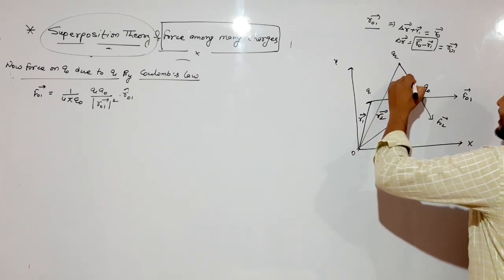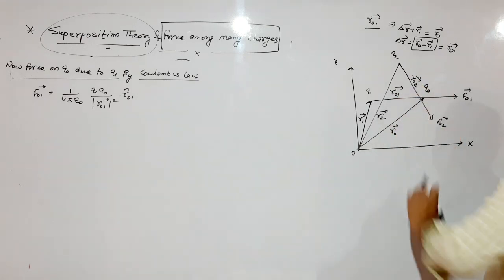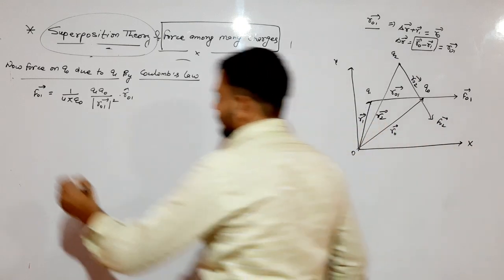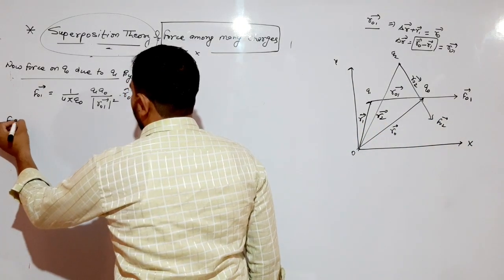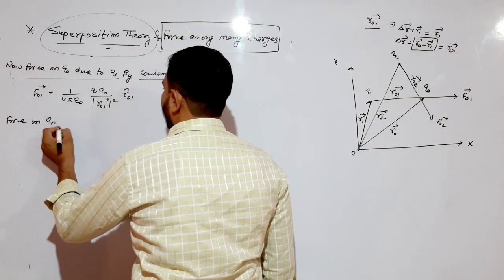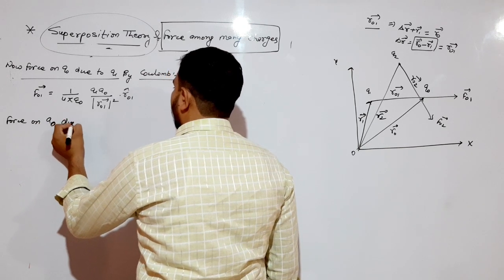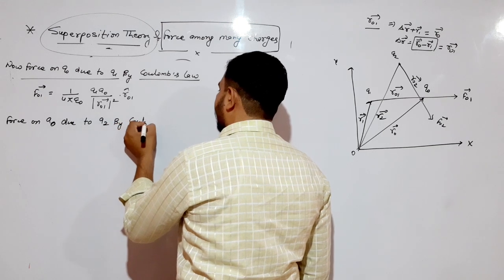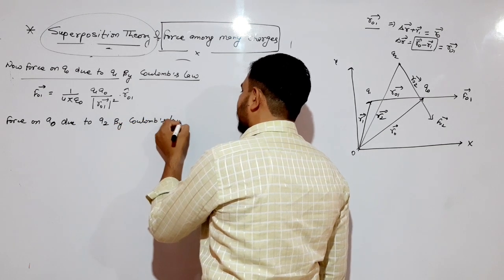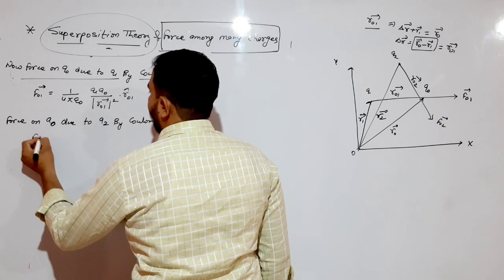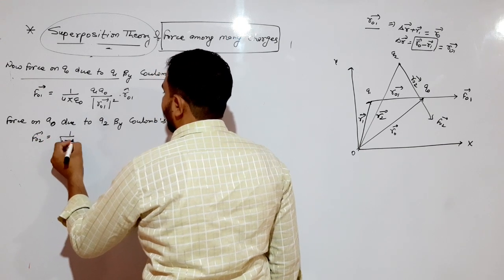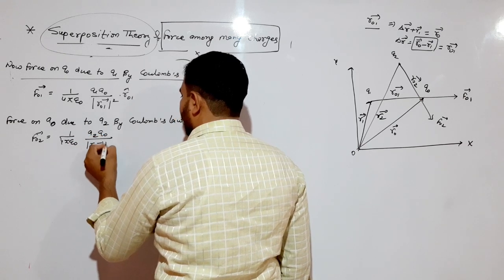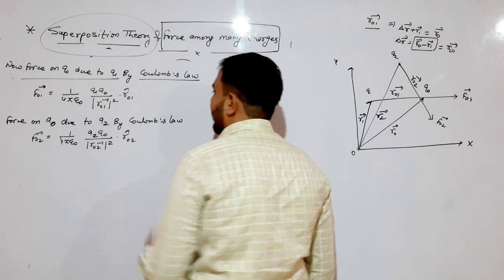The displacement vector between them is r02 vector according to this rule. Force on Q0 due to Q2, by Coulomb's law, F02 vector is equal to 1 upon 4 pi epsilon naught Q2 Q0 upon r02 vector square, times r02 cap.